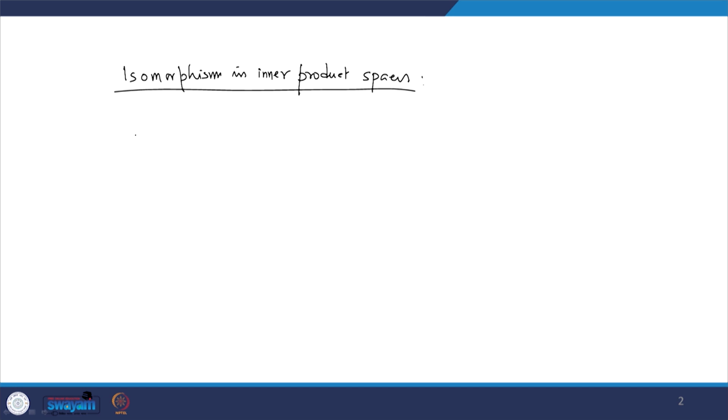So, what is the meaning of a linear transformation preserving inner product in the corresponding spaces?